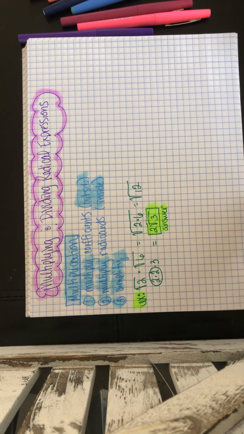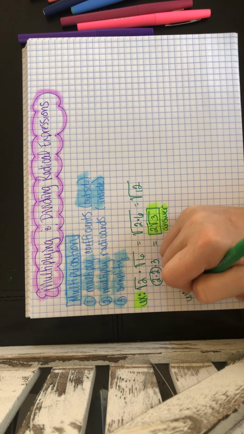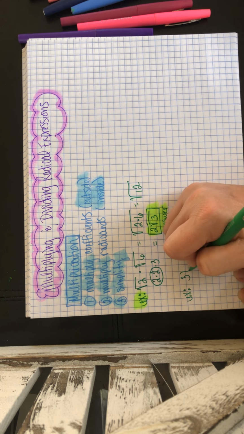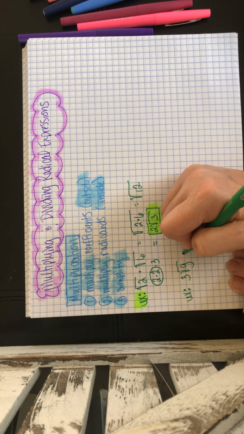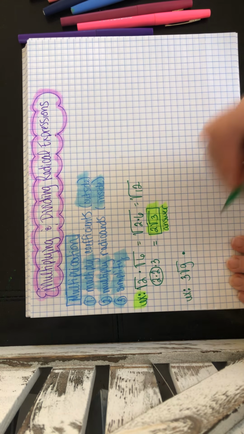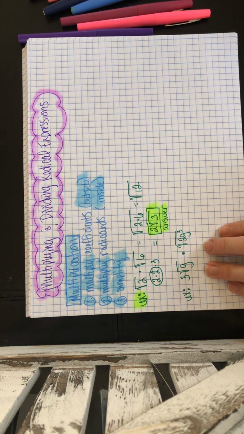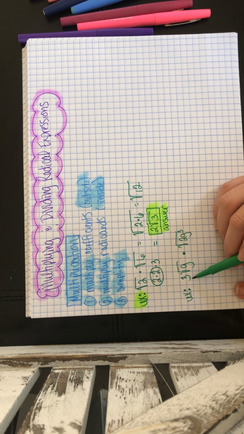All right, so the next example, we're going to have to do a little bit more work. So for this one, we are going to do 3 times the square root of g times the square root of 2g to the 3rd power. So when we do this, multiply the coefficients.